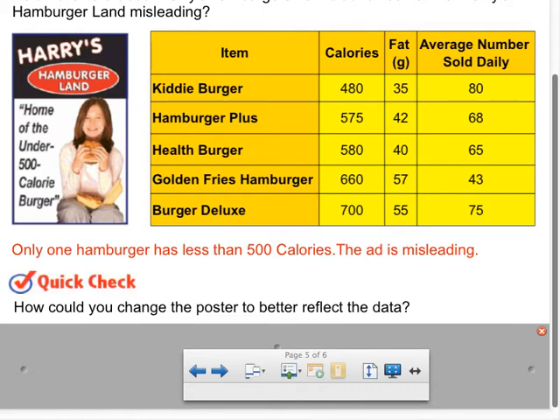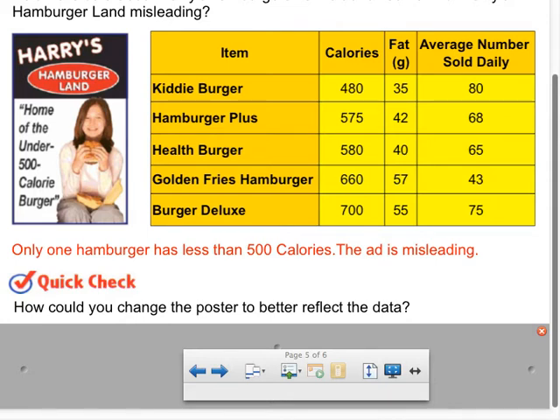Okay. I think we can do a little bit better than that. Okay, let's try to keep using calories though. Let's try not to switch columns. Just try to keep using calories.